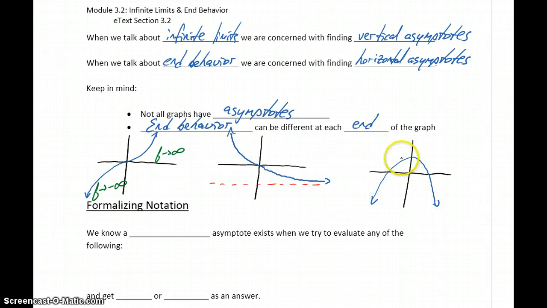So in this case, with this parabola, as x approaches negative infinity, this function is headed to negative infinity. As x approaches positive infinity, this graph is headed to positive infinity. So not all graphs have asymptotes, and end behavior can change at each of the two ends. So when we consider end behavior, there's actually always going to be two different problems that we have to evaluate.